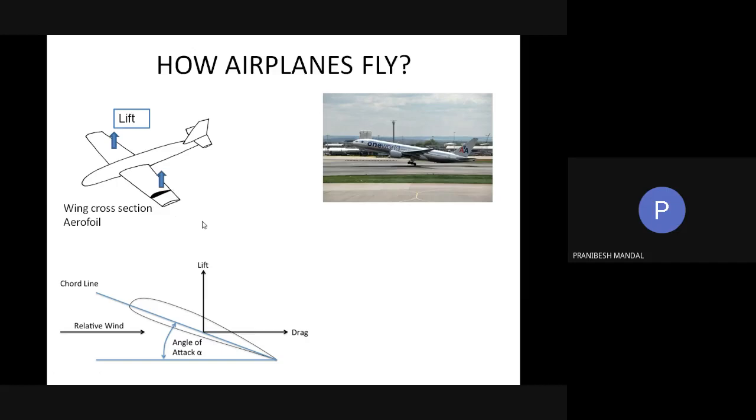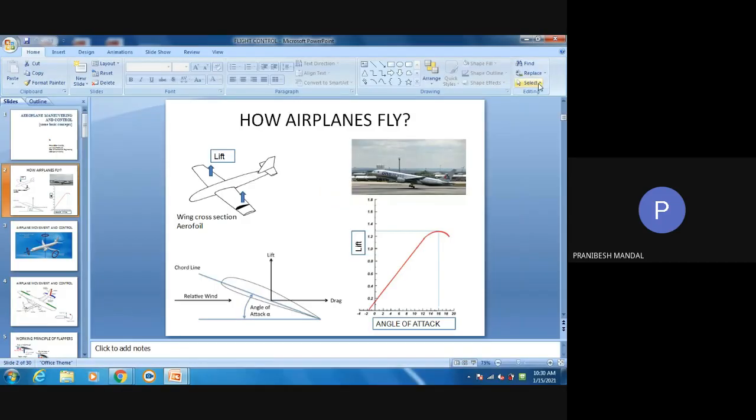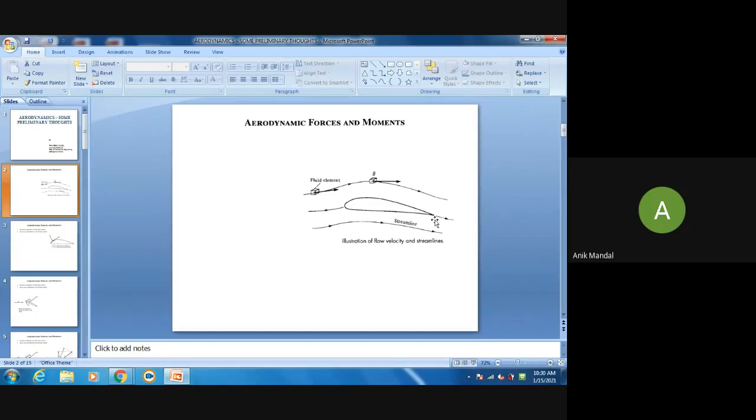So what is an aerofoil? Is it okay to you? See, aerodynamics doesn't always deal with flight only. It deals with anything moving through air, obviously at high speed.